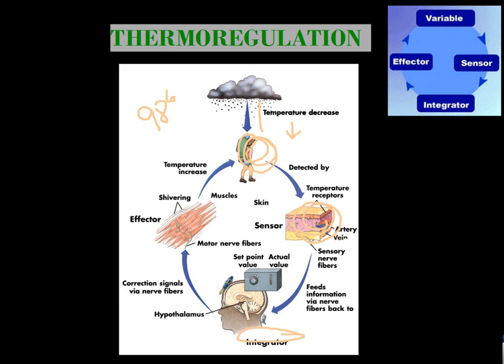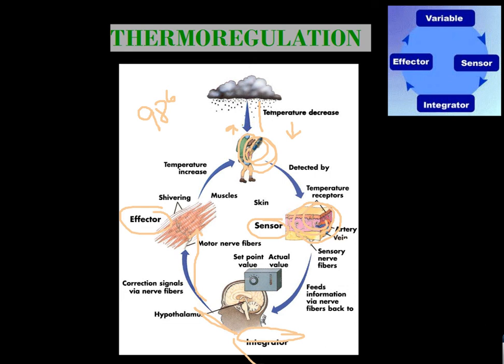The brain, and the hypothalamus is the exact place in the brain that senses that. The brain will then send a signal to the muscles, which would be the effector. So we have sensor, integrator, effector, and the effector would be the muscles shivering. Shivering, the contracting of the muscles, produces heat, and body temperature comes back up to normal.